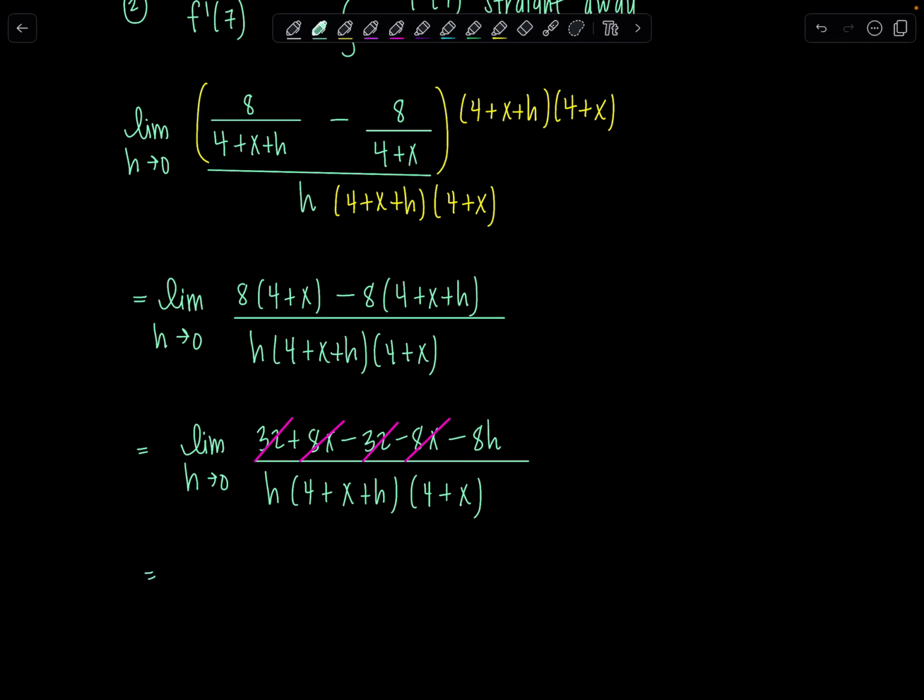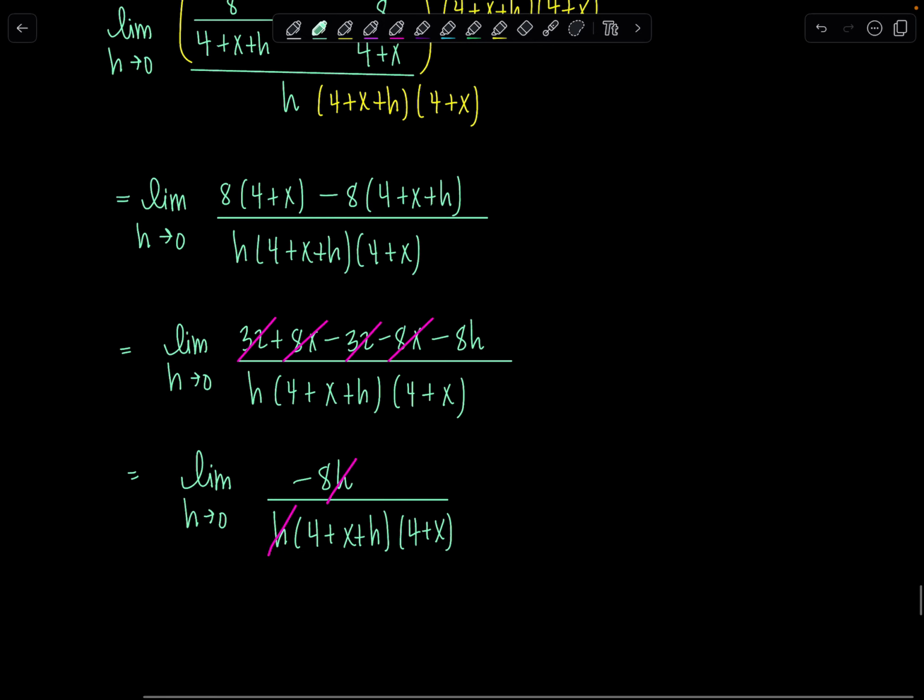So then we have the limit as h approaches 0 of negative 8h over h times 4 plus x plus h times 4 plus x. And then, yep, that h is gone. Now I can substitute in 0 for h. And we have negative 8 over 4 plus x plus 0 times 4 plus x.